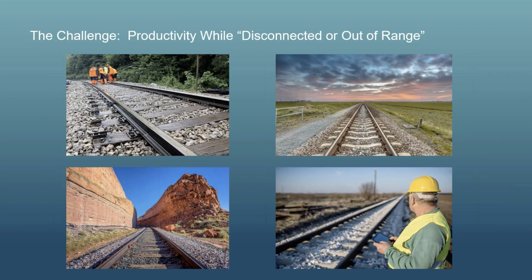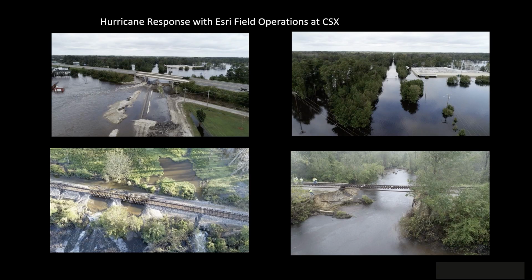So another key challenge: how do we capture all that productivity when we're in a disconnected or out of range mode? Here's a great example that we have from CSX after one of the hurricanes.